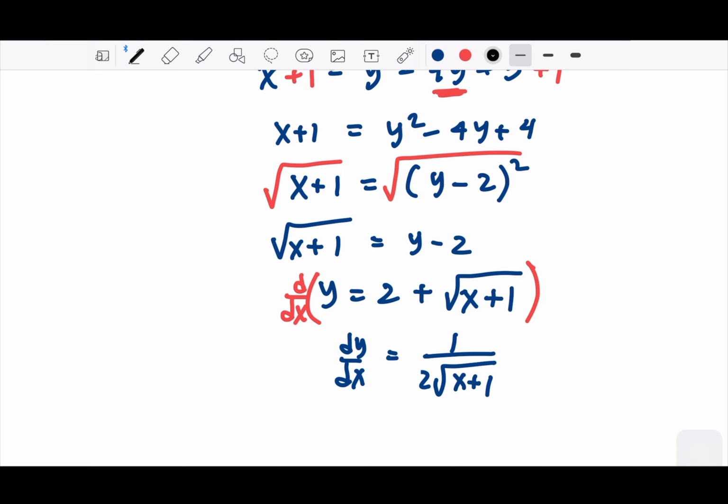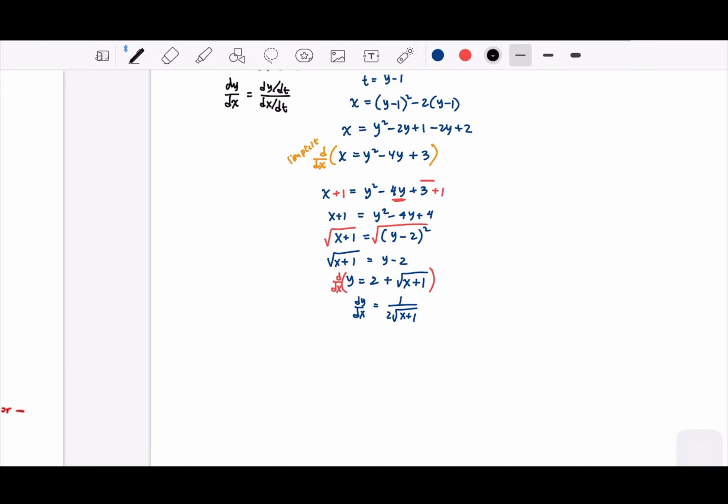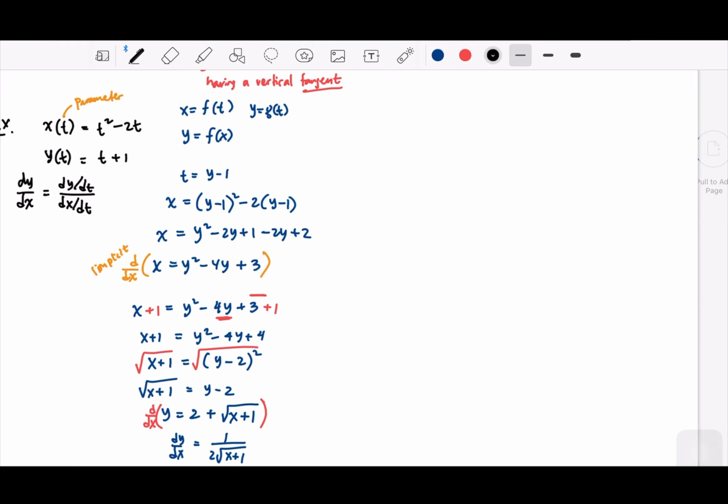For the derivative, I think there will not really be much problem to derive. But if we want to integrate, I think that would be difficult. So this is just a recap of what we are doing.